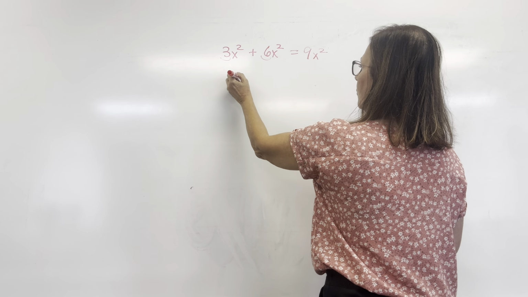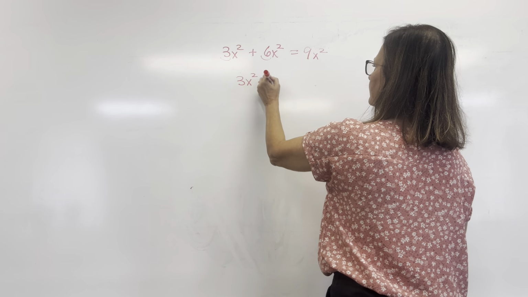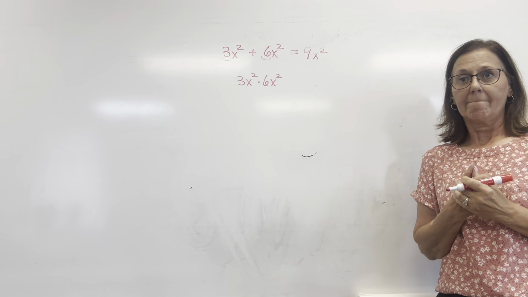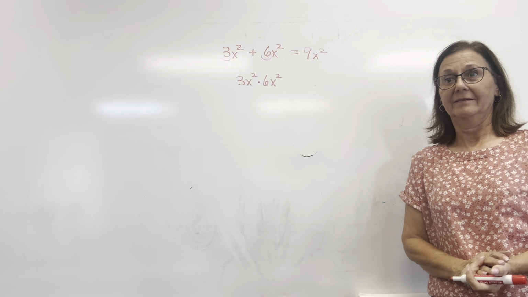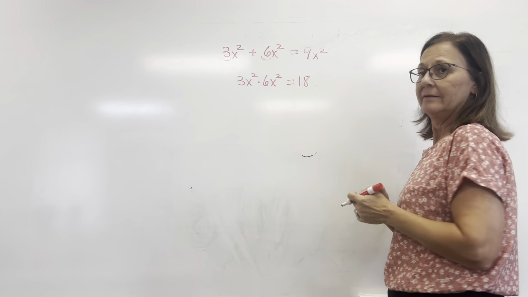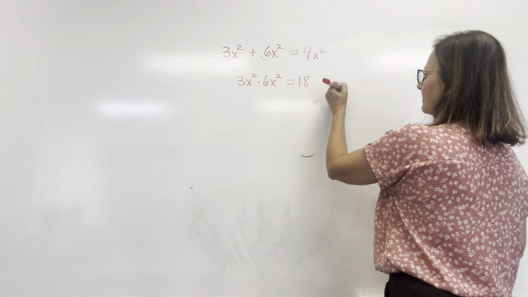Now, what if instead I did this? How's that different? They'll be multiplied. Now I'm multiplying. I multiply the 6 and the 3. But what do I do with the x's now? Add the exponents. Yes.